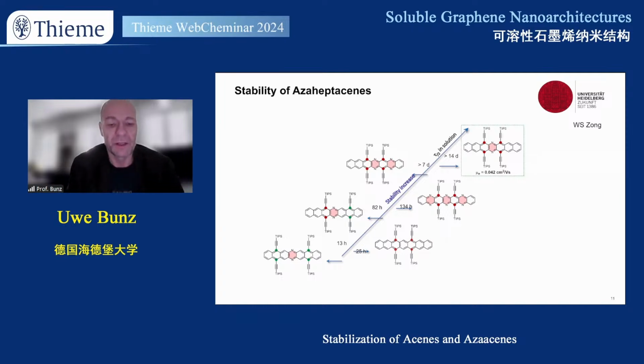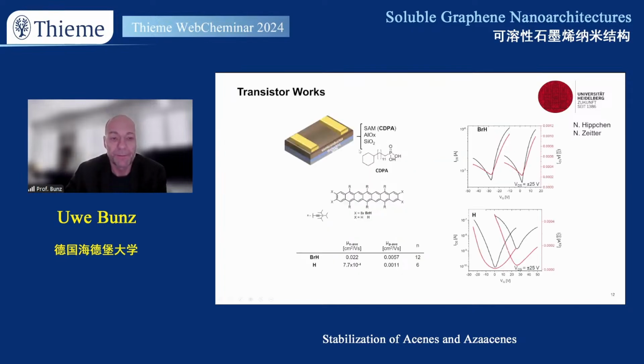Now, if you add more nitrogens, then your stability also decreases dramatically, theoretically here, and you can see the corresponding heptazine has a half-life of 25 hours. We have done some device work here, and yes, these things work as transistors, but they are not particularly impressive.